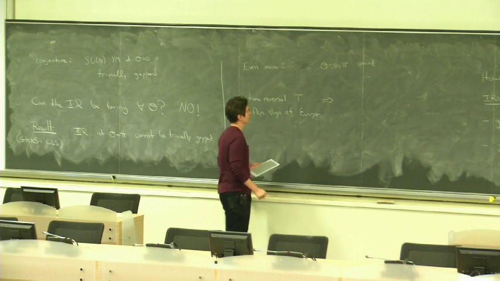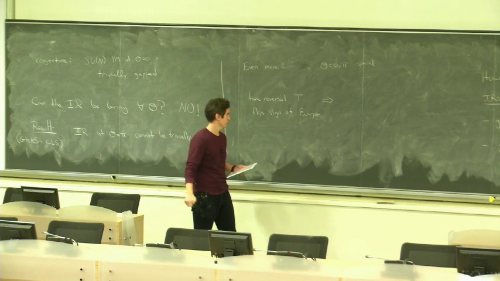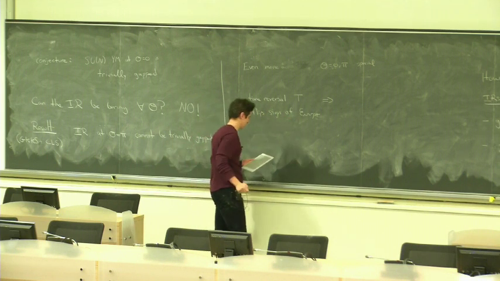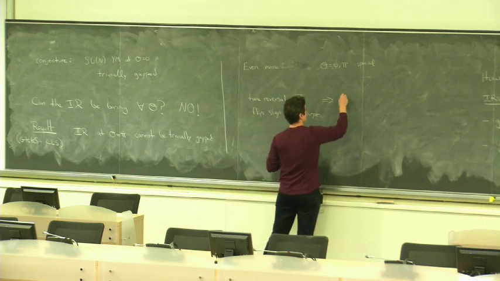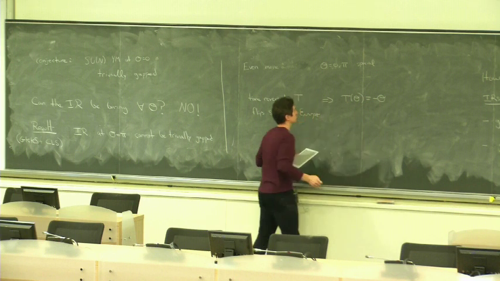So the theta term in the action was F wedge F, or in components F mu nu F rho sigma epsilon mu nu rho sigma. So therefore, T flips the sign of that term. So we can say that T of theta should be minus theta.